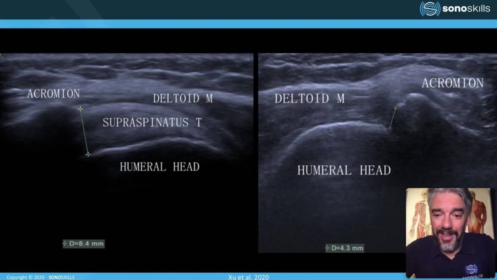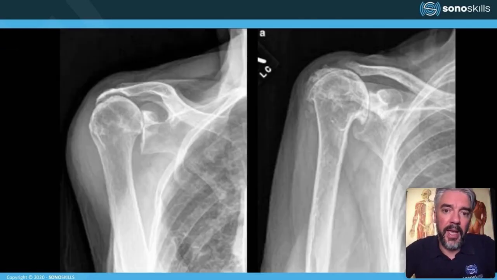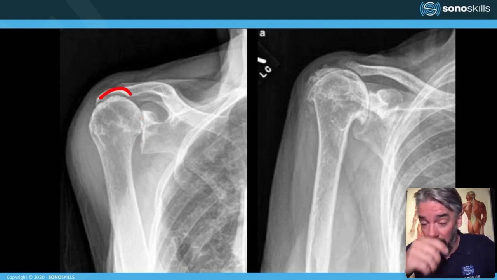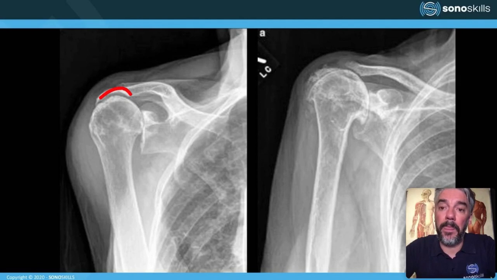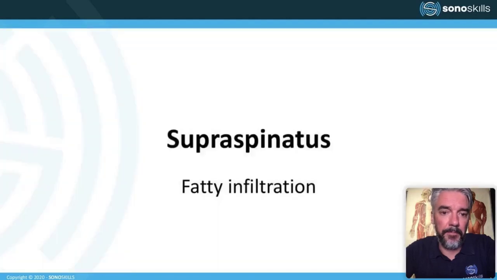Hence also the cortical changes, and in very severe cases you can really see that instability is bound to happen, and that even a pseudo joint is developing underneath the acromion. So yeah, this can happen.